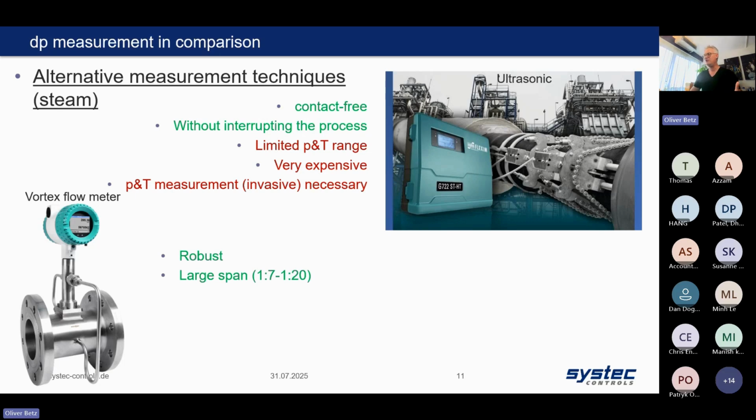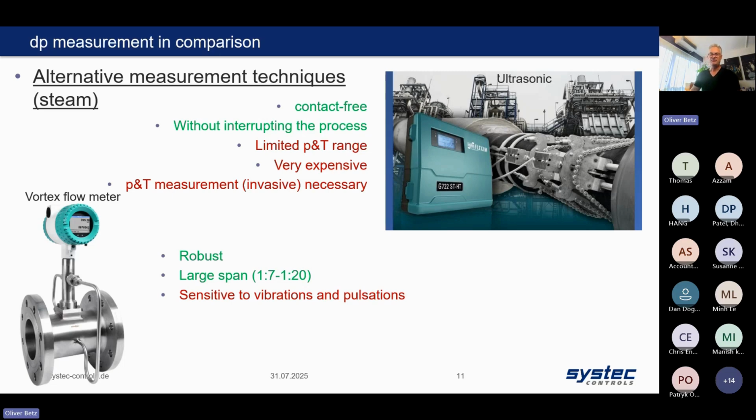They have a large flow span. The manufacturers claim 1 to 30, which is usually not acceptable because the DP pressure loss is too high then. But typically in industries, which is good enough, they have 1 to 7, 1 to 15, 1 to 20 in this range. The drawbacks: they are sensitive to vibrations and pulsations.